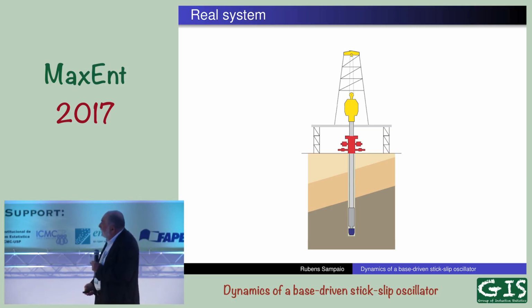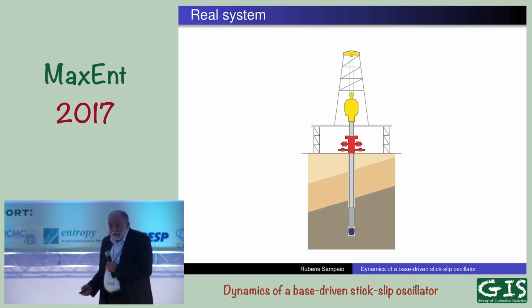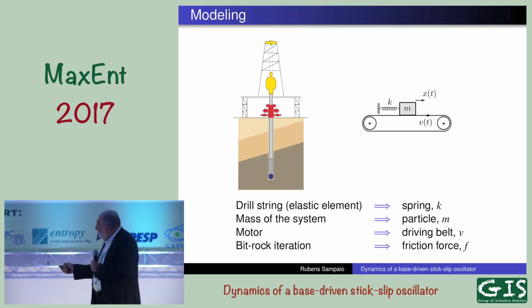So what's the model we're going to study? What's the representation we want? We want to represent the drill string, the elastic element, just as a spring. So this thing represents the drill string. The mass of the system, the whole thing, I concentrate in just one particle. There is no dimension.